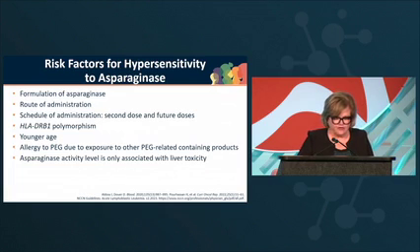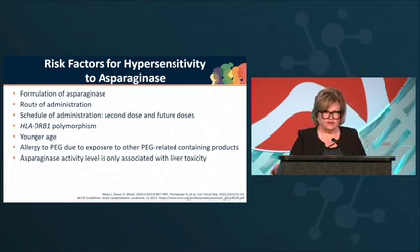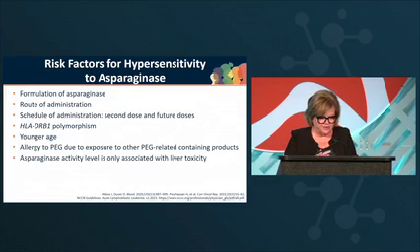And our risk factors for hypersensitivity to asparaginase, we know, is the formulation. We know it's greater with pegylated asparaginase. Is it the route? Is it the schedule? We know it's more likely to occur with the second and future doses.